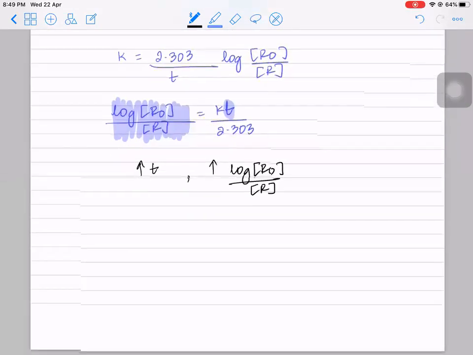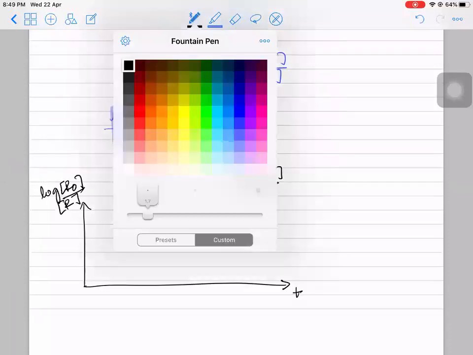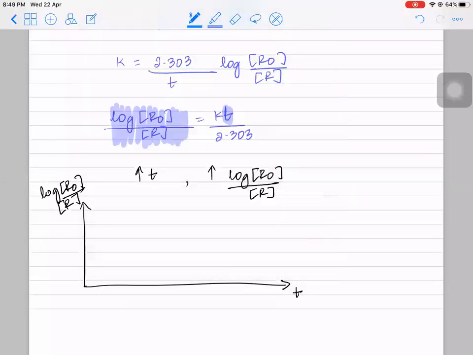So if you have the value of log r naught upon r plotted on the y-axis, and time on the x-axis, what type of a relationship do these two have? They have a direct relation, and that's why you will see a straight line. And what will be your slope? Your slope will be k upon 2.303.